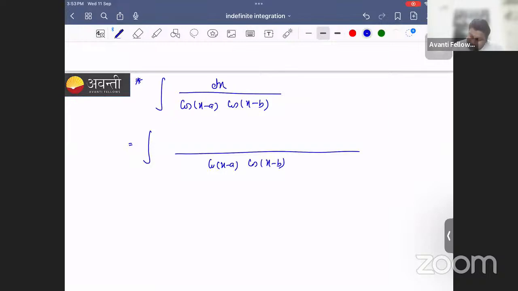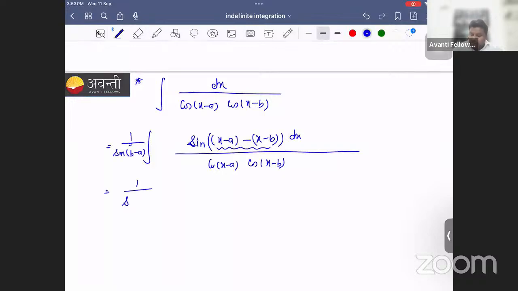So the numerator I can write as sin of (x minus b) minus (x minus a), dx. Isn't it? And with this numerator is what? Sorry, don't take it with cos, take it with sine. In the numerator, sine of b minus a came extra. So I will divide by this.